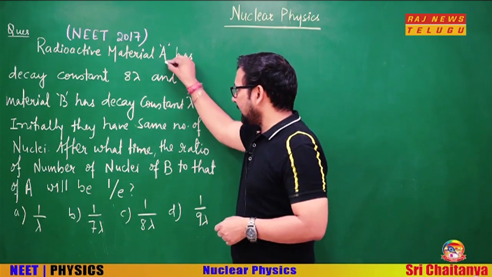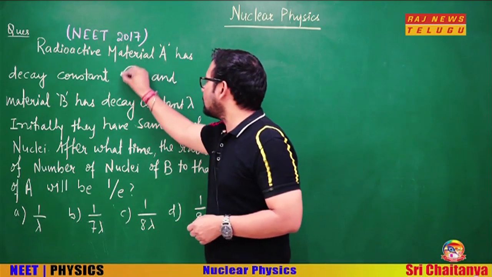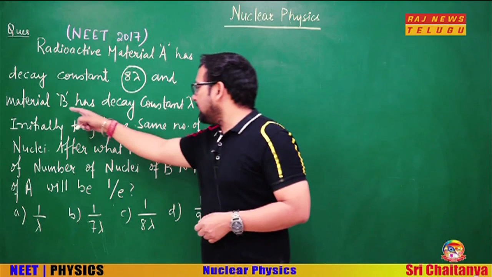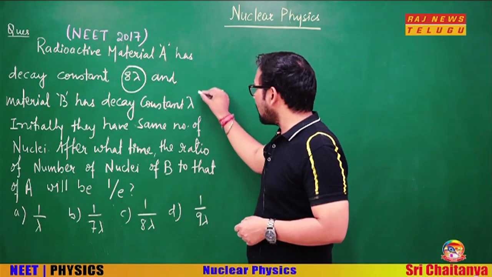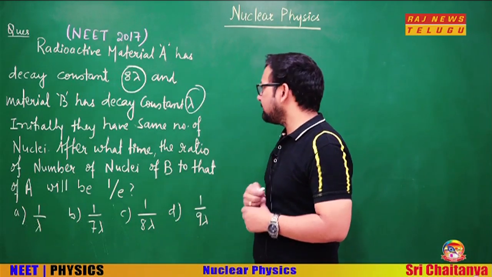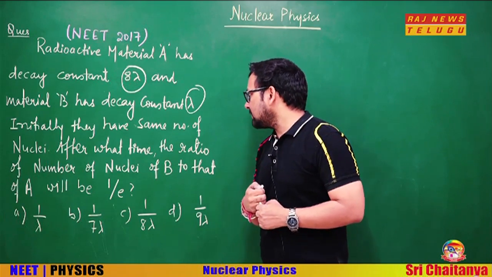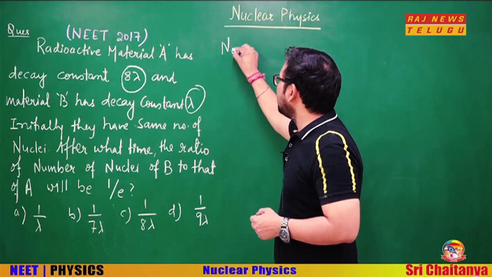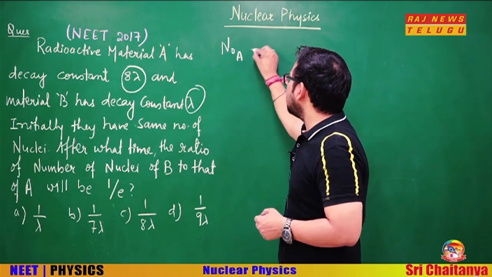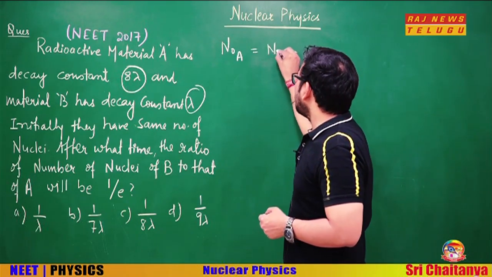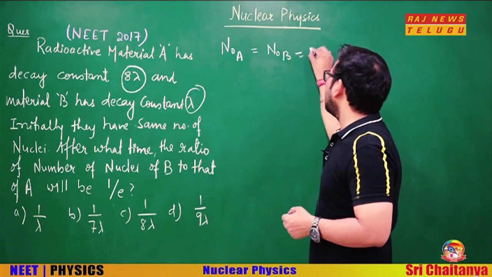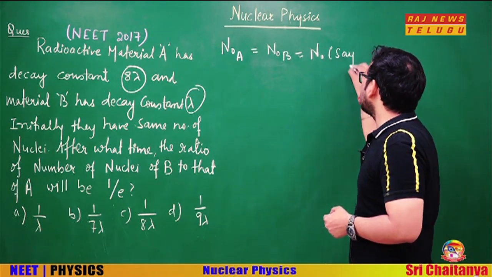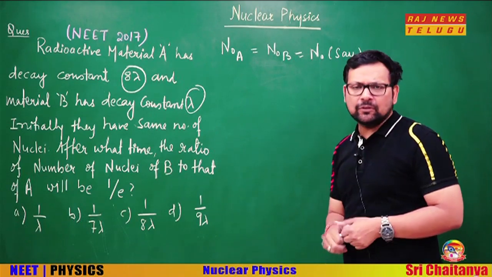Radioactive material A has a decay constant of 8 lambda, and material B has a decay constant of lambda. Initially they have the same number of nuclei. So can we say N naught of A is equal to N naught of B is equal to N naught, since the initial number of nuclei are the same? So let's write it like that.